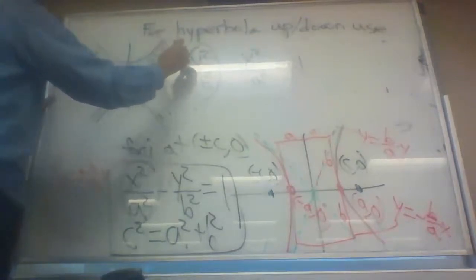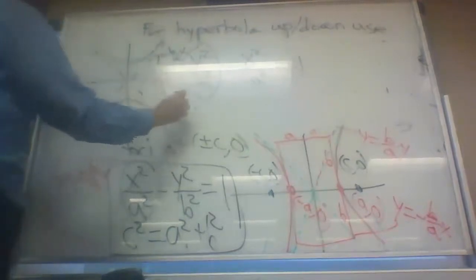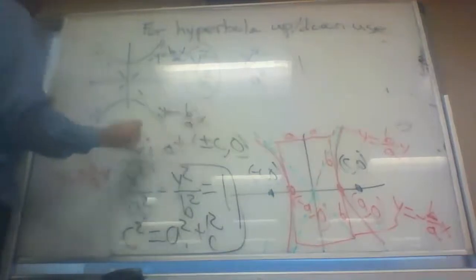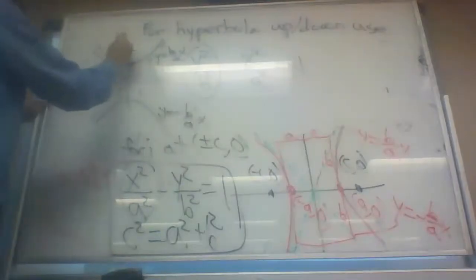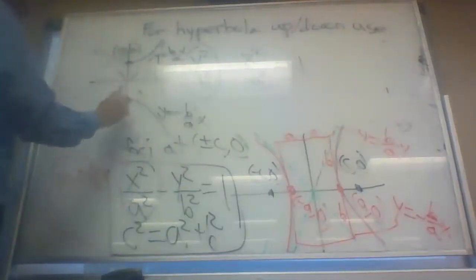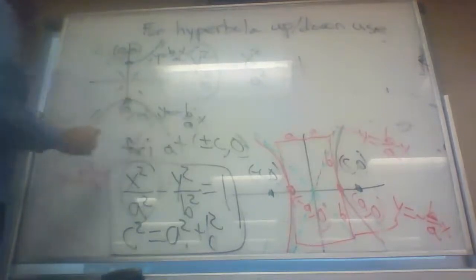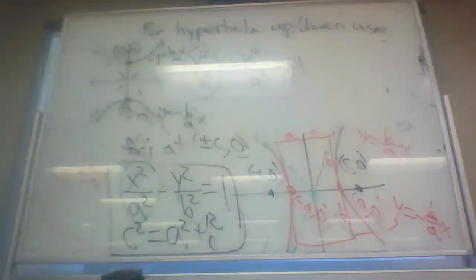It still has asymptotes y equals plus or minus b over a x, because we interchanged a and b as well as x and y. So this is y equals b over a x. This is y equals minus b over a x. And it goes through, this time, 0, a and 0, minus a.